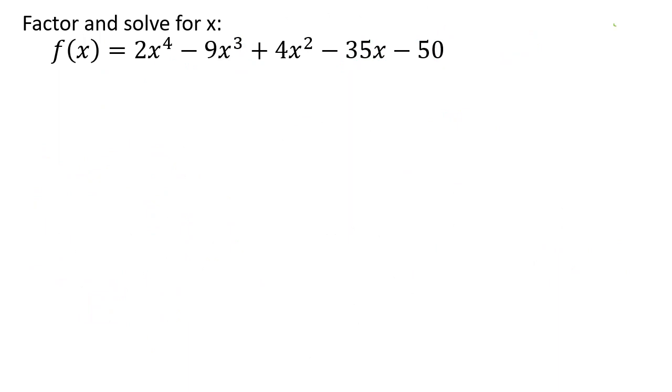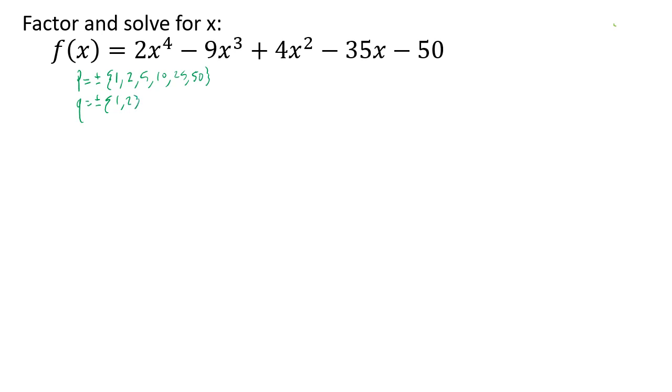All right, let's look at this last example here. Rational zeros theorem: the factors of p are plus and minus 1, 2, 5, 10, 25, and 50. The factors of q are just plus or minus 1 and 2.